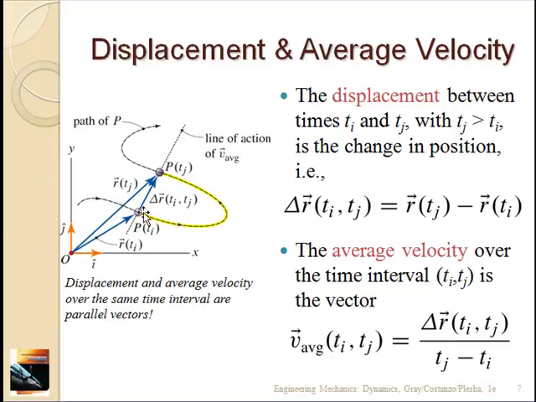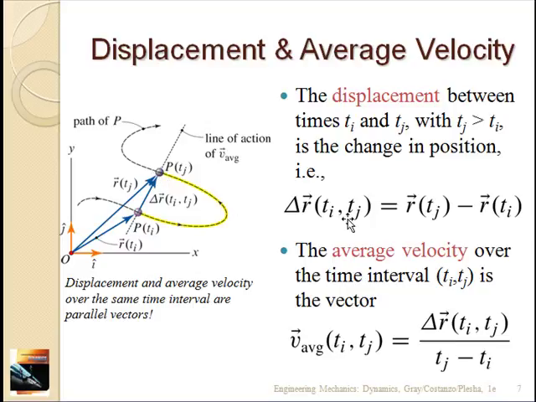The displacement is the change, so it's this delta r here. It's the vector connecting where it was at ti and where it is at tj. The displacement just tells you the change from one time to another. It doesn't tell you how it got there. So if this was our trajectory, the displacement vector is independent of that trajectory. It's just the vector between these two positions.